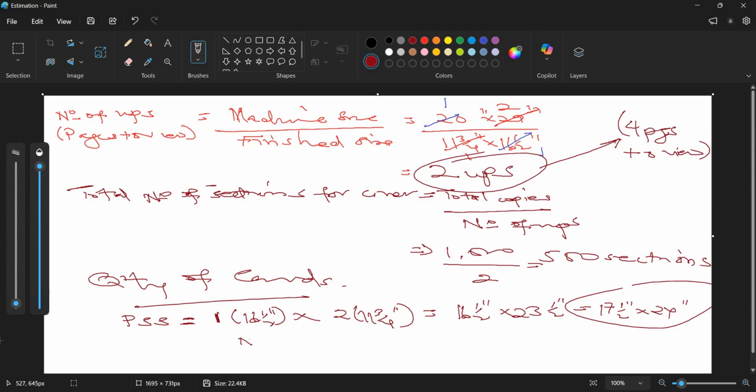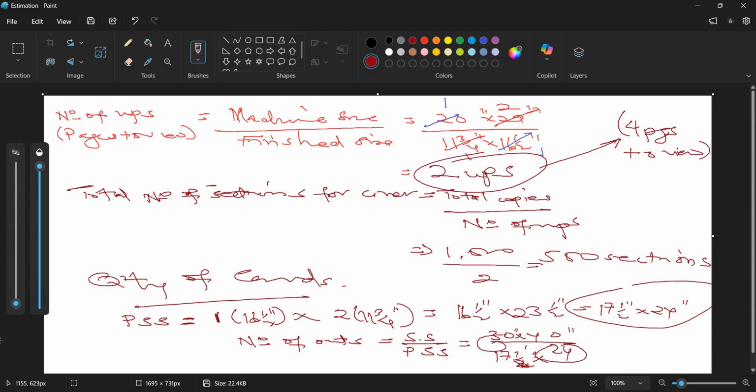Now number of outs will be stock size over PSS. Then you get 30 by 40 over 17.5 by 24.